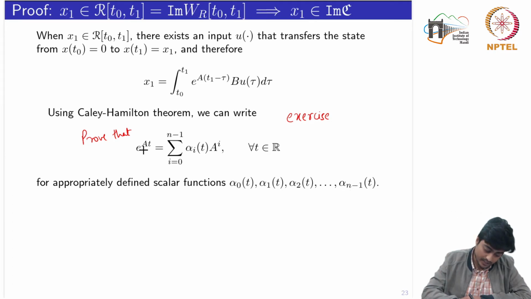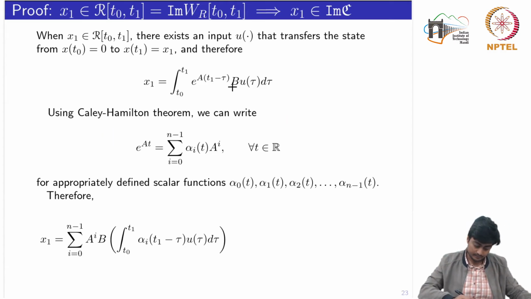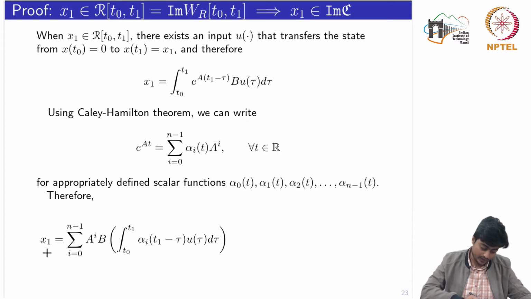Now simply I will put e to the power At here, where t would change from t1 minus t to t1 minus tau. So here I would have x1 equal to this summation, i from 0 to n minus 1. All these alpha i are scalars, so I can take them to the right hand side also.